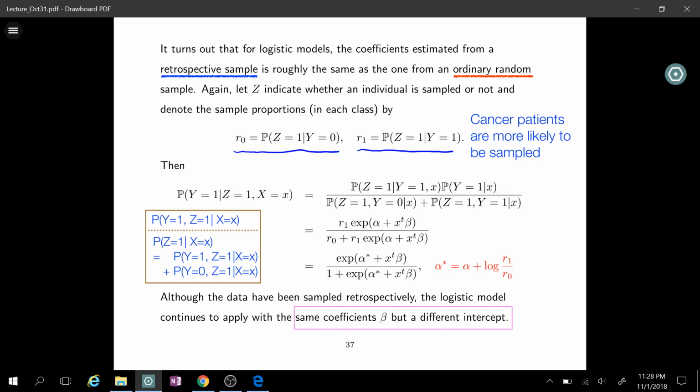Now let's look at the probability we learned when we analyze the retrospective sampling, which is this. By the definition of conditional probability, it is equal to the numerator divided by the denominator. For the numerator, we can factorize this way. This is the probability of Y equal to 1 given X, and this is the probability of Z given Y and X. For the denominator, we can decompose it as a sum of two terms, and each can be factorized similarly to the numerator.